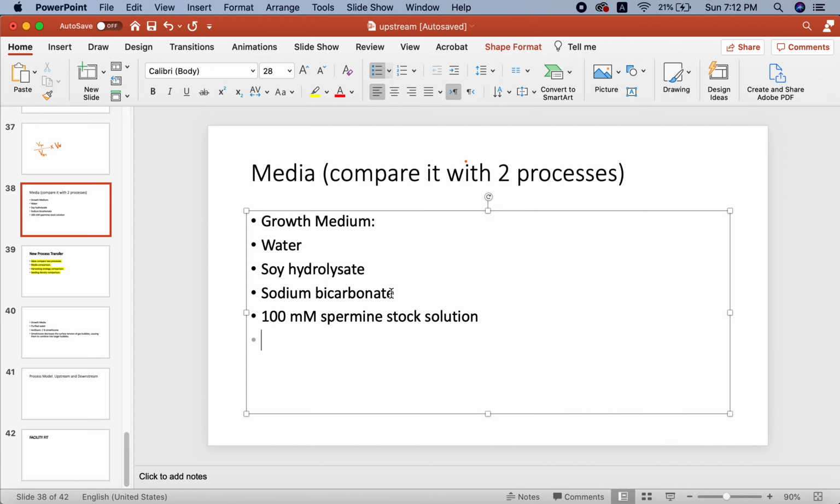PO2 30 to 40%, pH 7, O2 sparger type, drilled pipe, 15 micrometer sintered sparger.